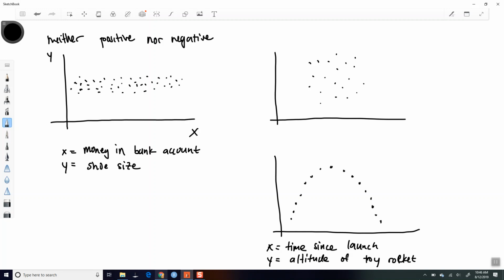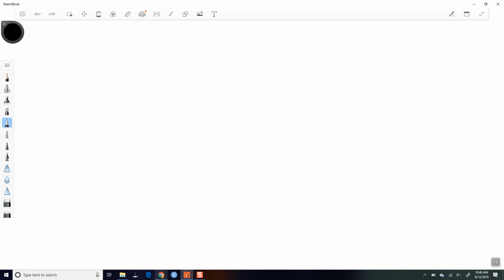Okay, and then the third aspect of describing a relationship will be the strength of a relationship. When we talk about the strength of a relationship, what we're talking about is how well can you use one thing to predict the other thing, right?